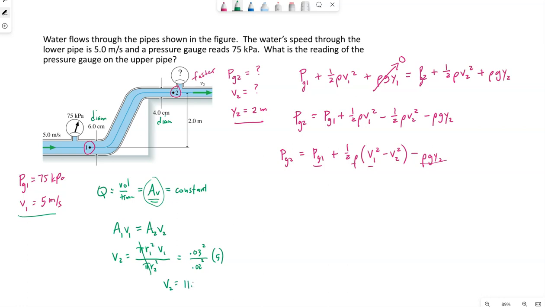So this is 11.25 meters per second. It's faster because the pipe has narrowed down.